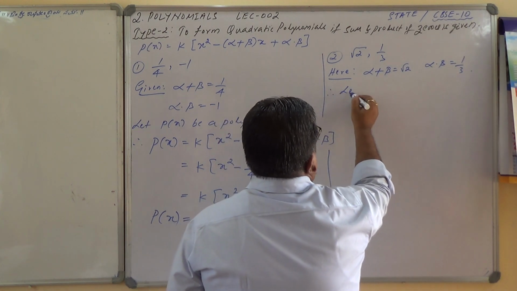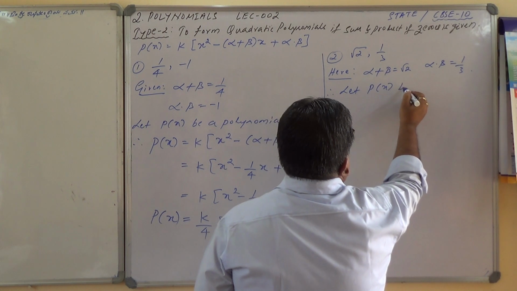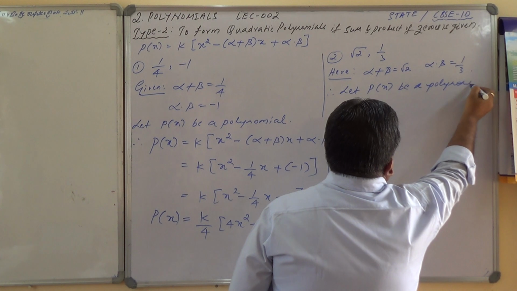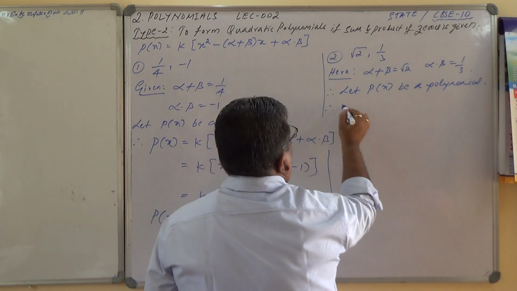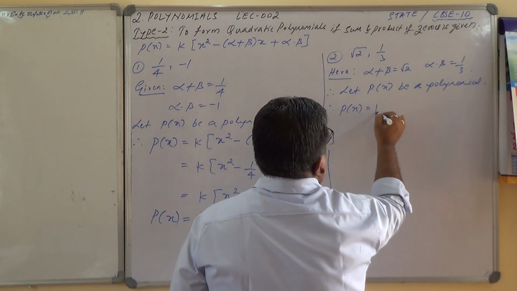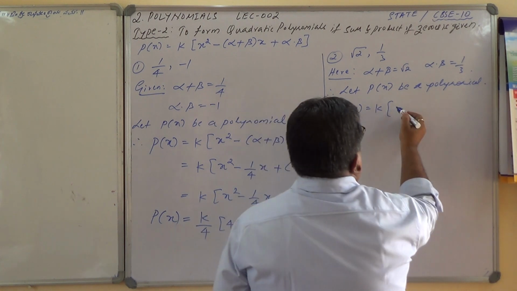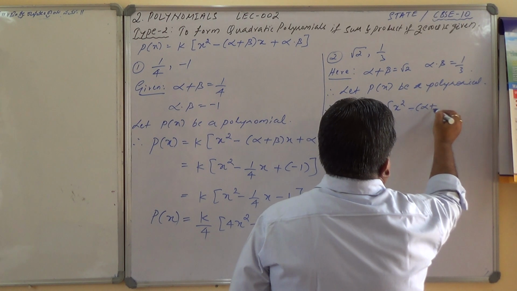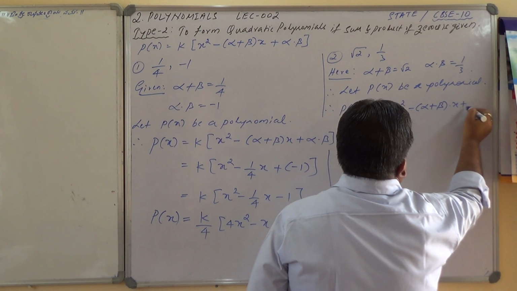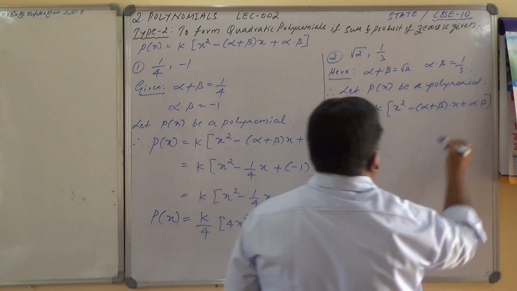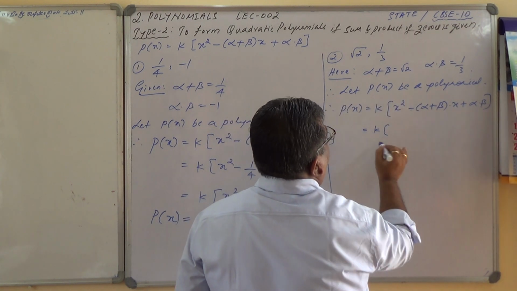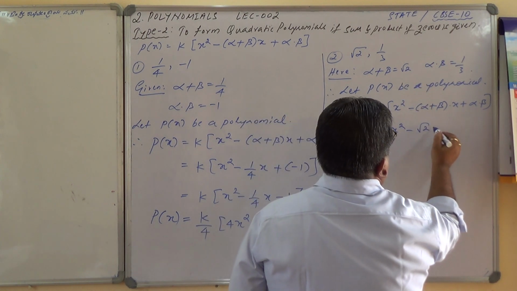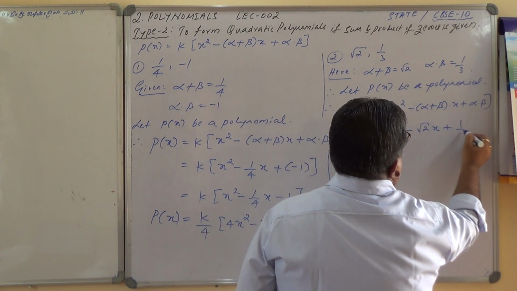Therefore, let p of x be a polynomial, and therefore p of x equals non-zero constant k times x square minus (alpha plus beta, the sum of zeros) into x plus product of zeros, which equals k times x square minus root 2 times x plus 1 by 3.